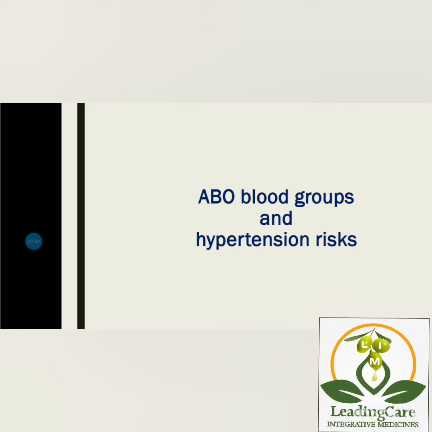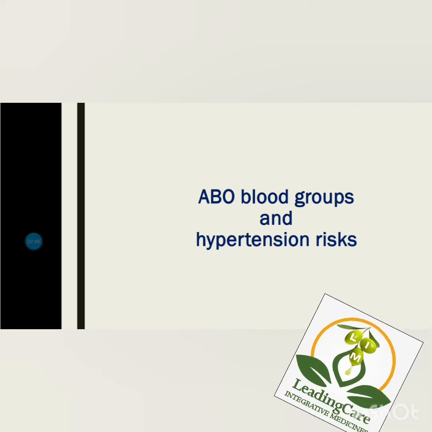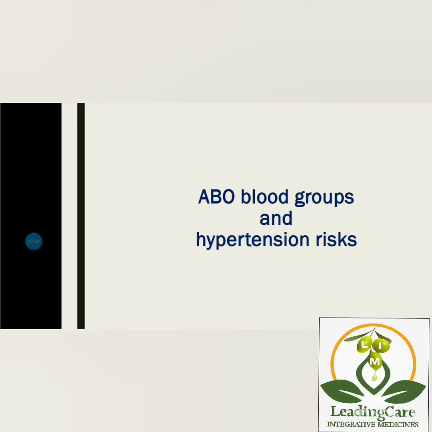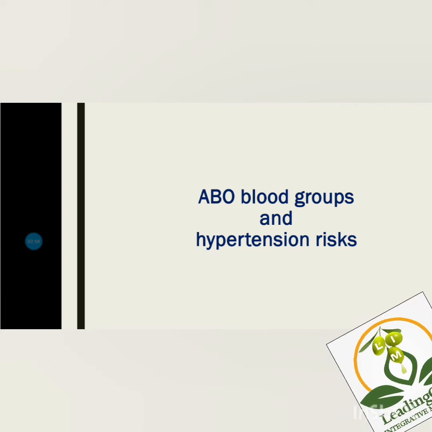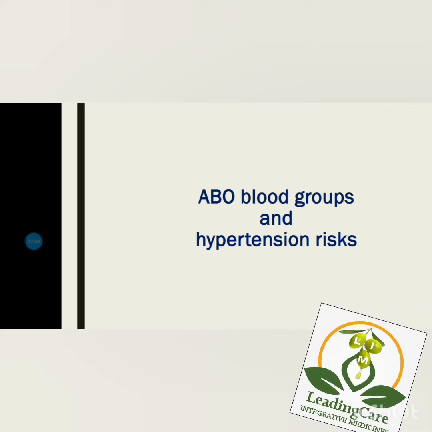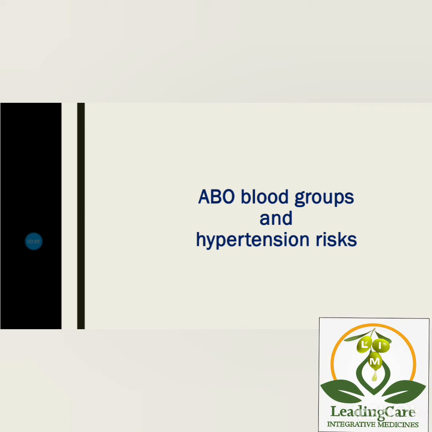We need genetic medicine because there is no biochemical function going on in the body that is not being controlled by a particular gene. There's nothing in our body that is not being controlled by a particular gene.